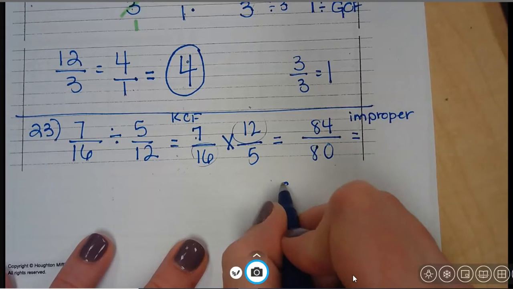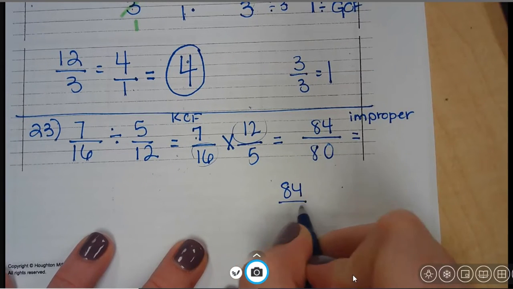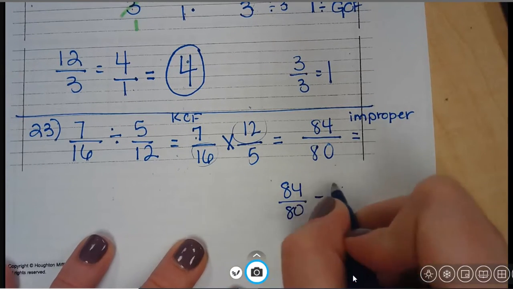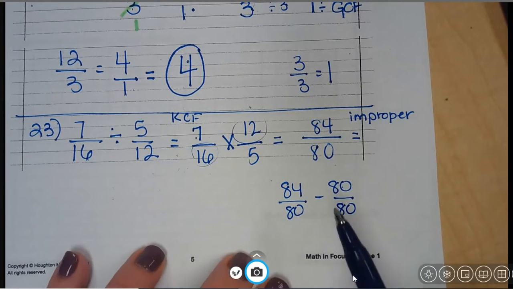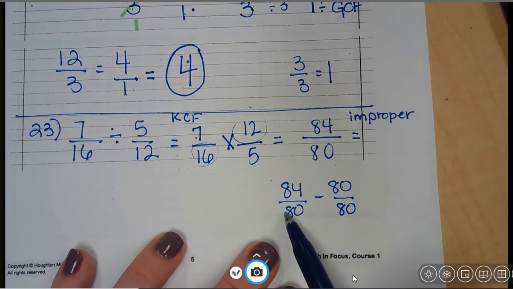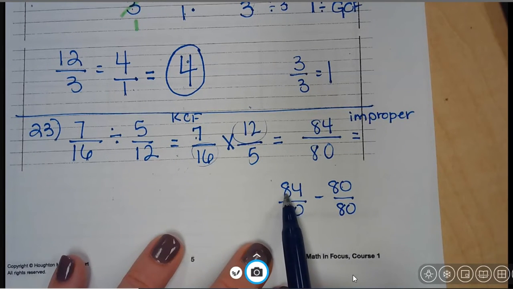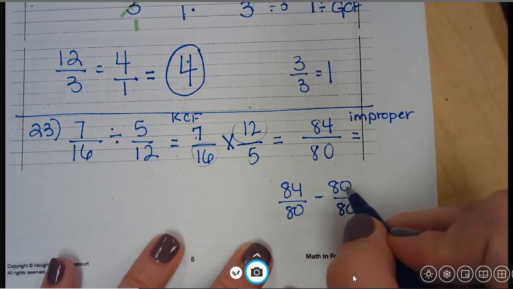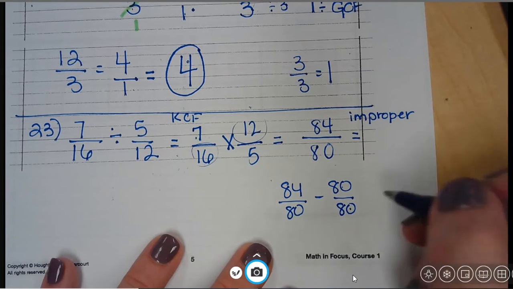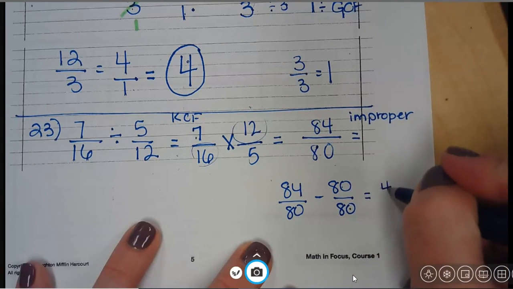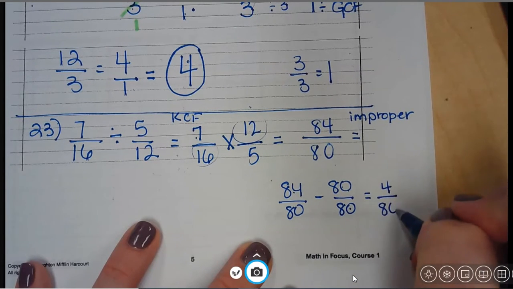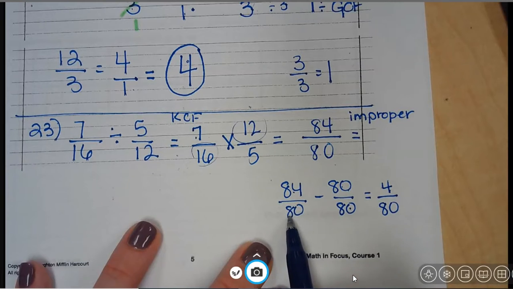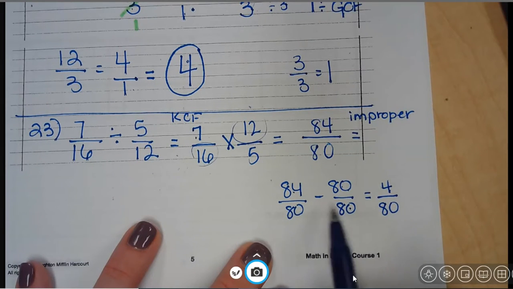So the way I can solve this is I can say 84 eightieths, and then I can subtract 80 eightieths. I would know that 80 eightieths is equal to 1 because 80 divided by 80 is 1. So that leaves me with 84 minus 80, which is 4. And when you subtract or add fractions, you do not do 80 minus 80 and get 0.